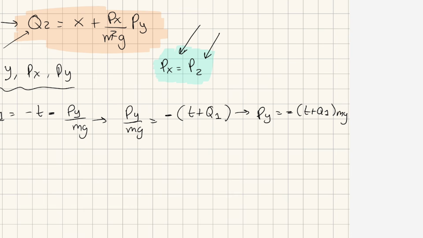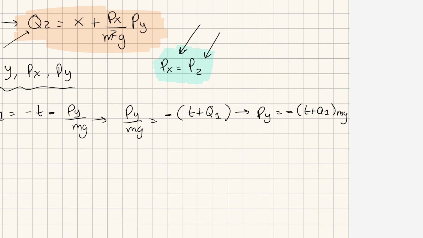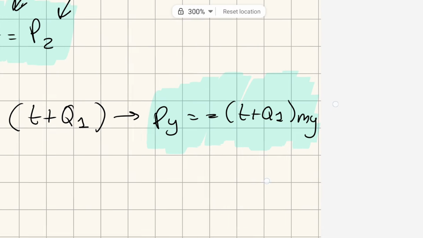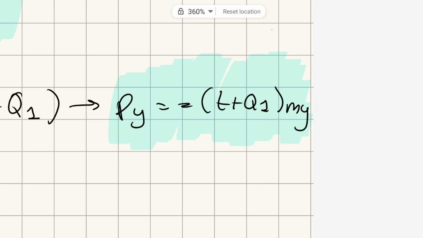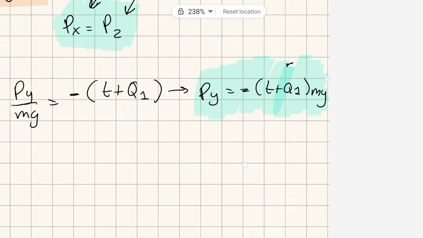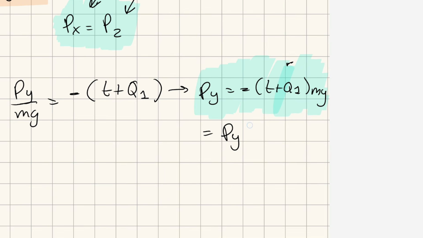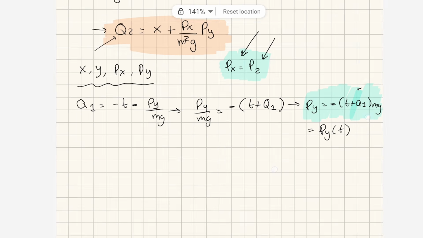Okay, perfect. So this is another equation of motion that is telling us something about the momentum in the y direction. The momentum of the particle, we see here that it is not a constant. It depends on the time, so it changes in time. And this can be seen as a function py of t. So this is the second solution.